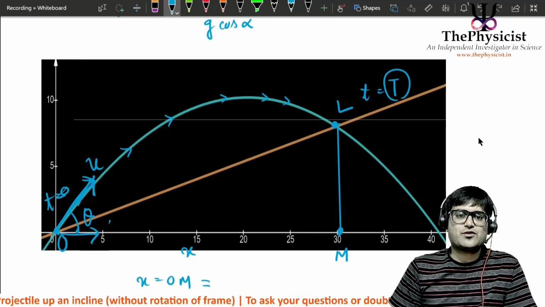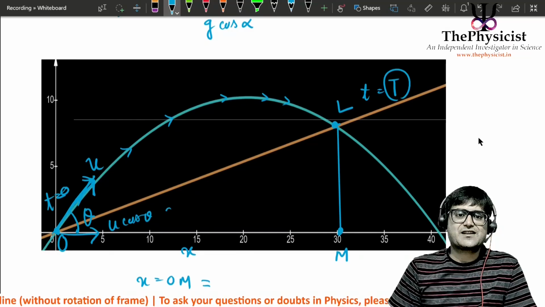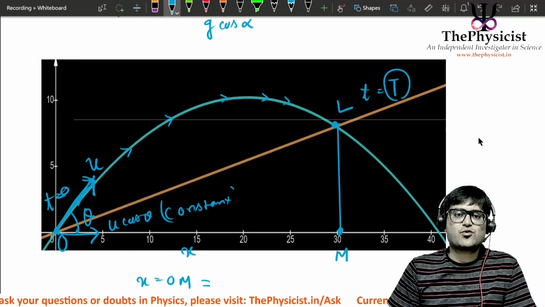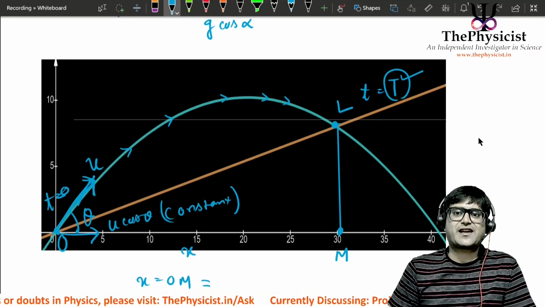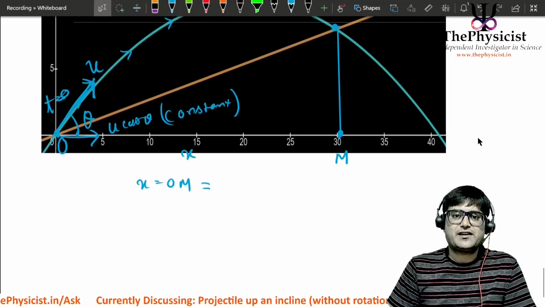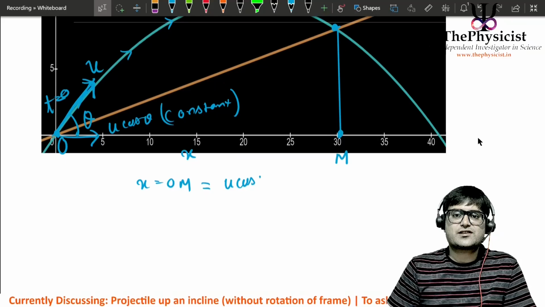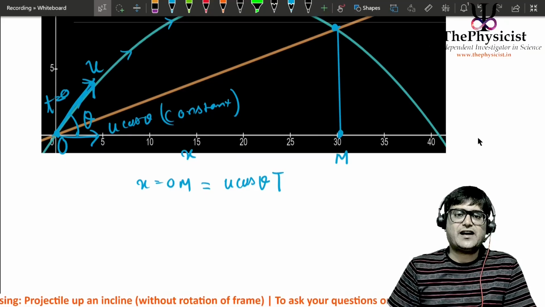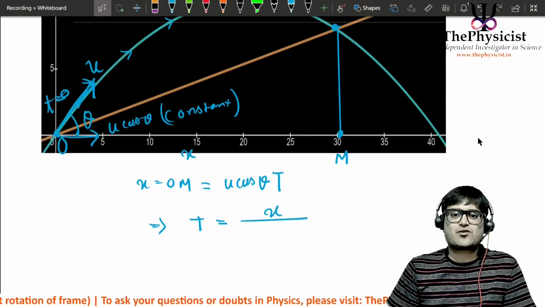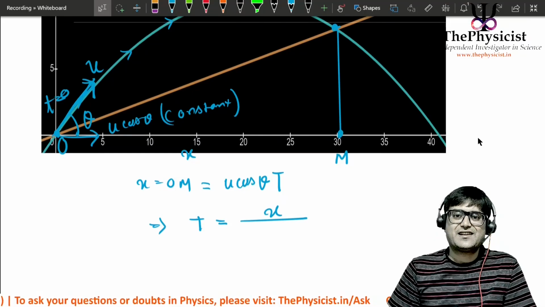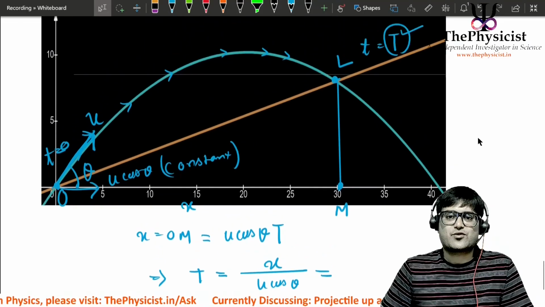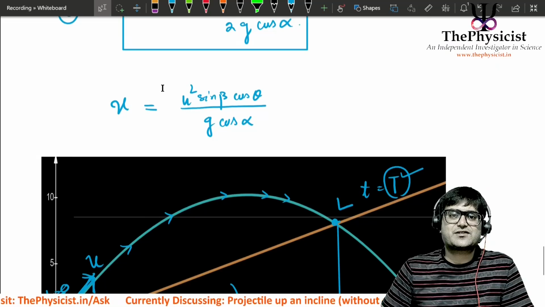Then u cos theta has remained a constant all throughout the entire time capital T. That means x can easily be given by u cos theta into time of flight. So I can find my time of flight as whatever is the x coordinate when the particle hits L, divided by u cosine theta.